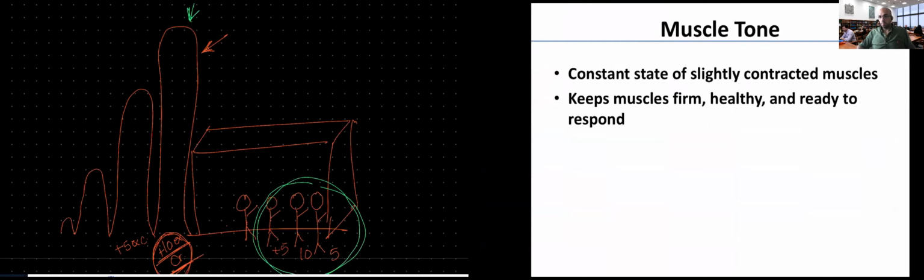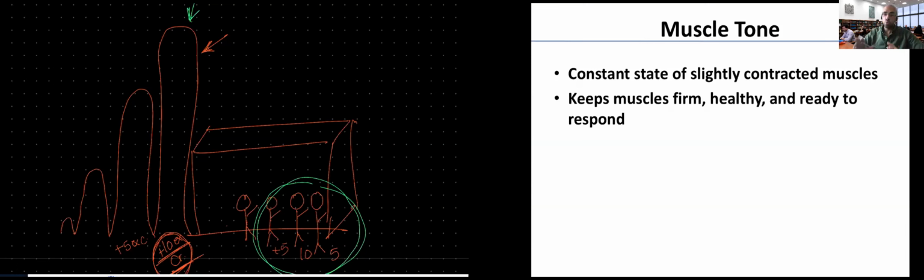All right, so if you are fully relaxing on the beach, is there any muscle contraction in your muscles? You are fully relaxed, you're not moving. Is there any muscle contraction in your muscle?